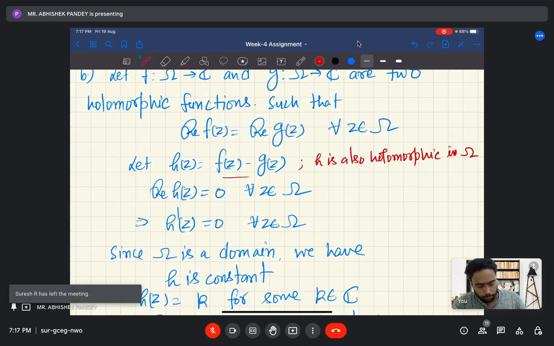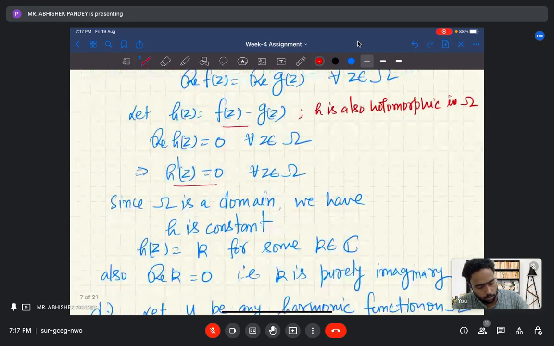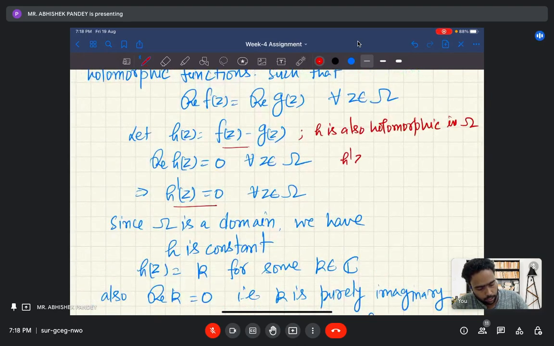So basically h dash z will be 0, because h dash z is nothing but del by del x of real part plus del by del x of. So real part of h(z) is 0 and h is holomorphic.